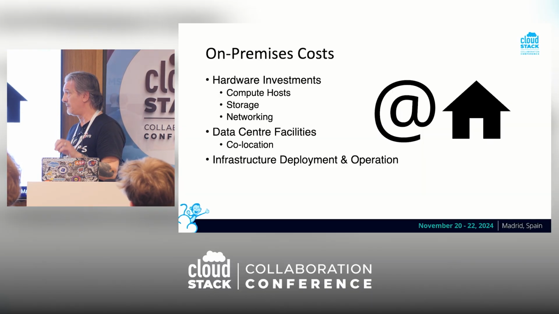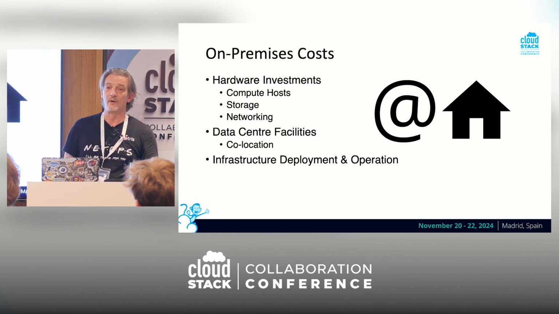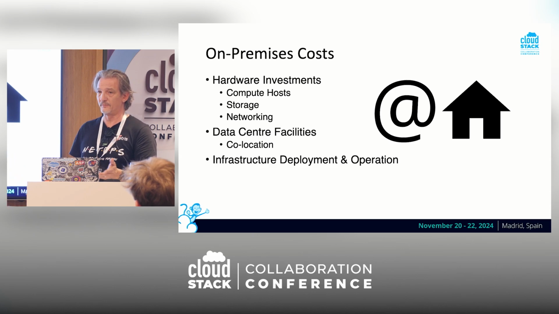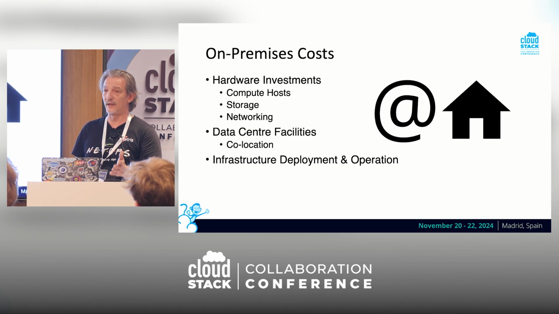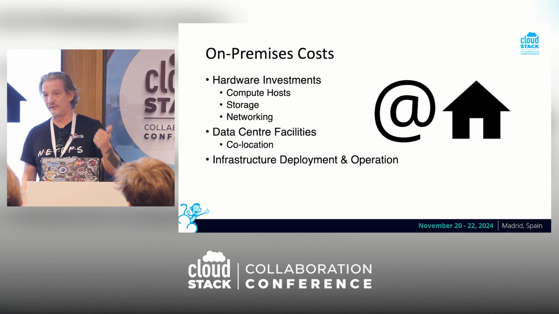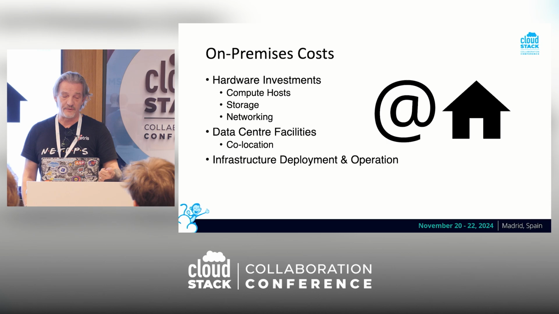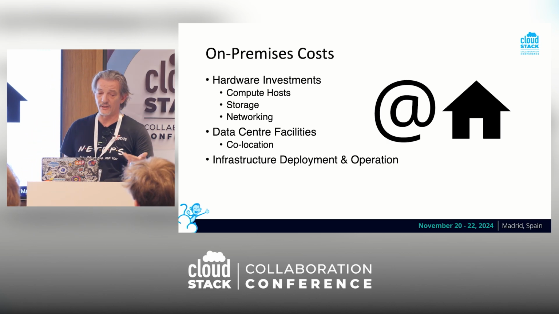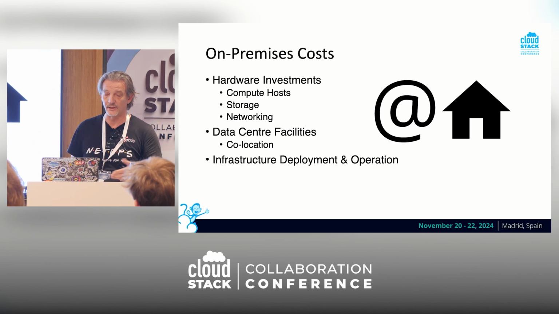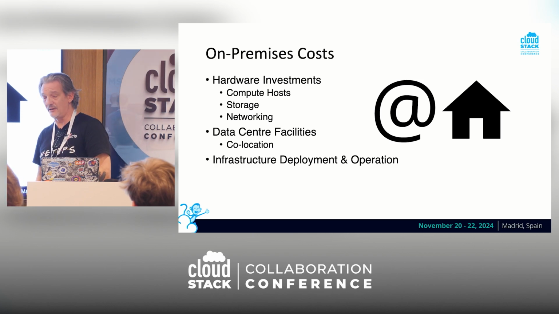Talking about the on-premises, you need to consider some investments and some OPEX costs to calculate the costs related to the on-premises. First you need to have the hardware investment: the storage, compute hosts, and networking, and you need to have a data center to run this infrastructure.